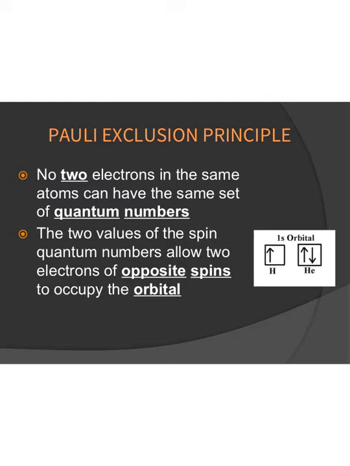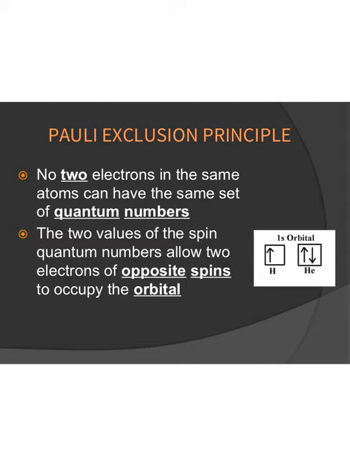Now, if you notice here, we have hydrogen right here with its one electron. But when we get over here to helium, you notice that the arrows, which are representing the electrons, are actually facing in opposite directions. Now, think about it. Electrons have the same exact charge. So if they were going in the same exact rotation, in the same exact direction, then they would actually repulse one another.